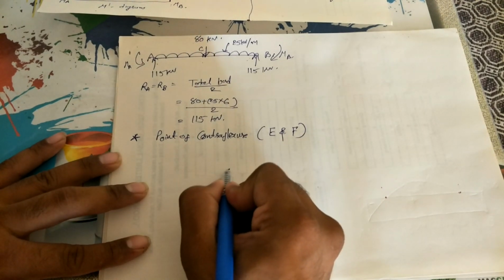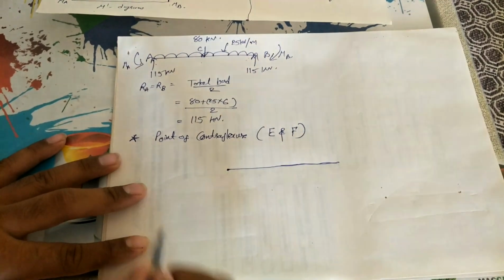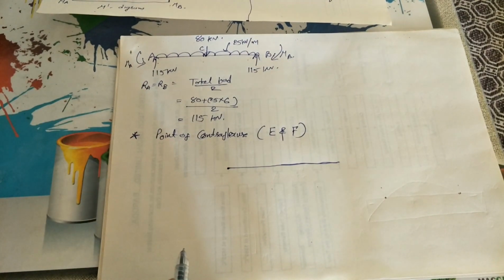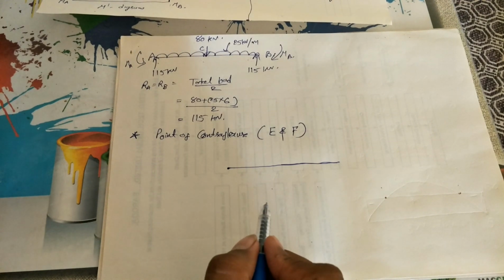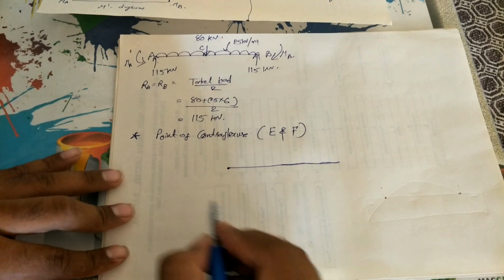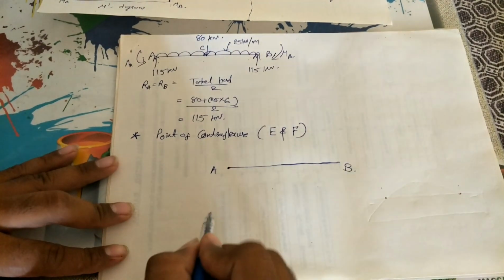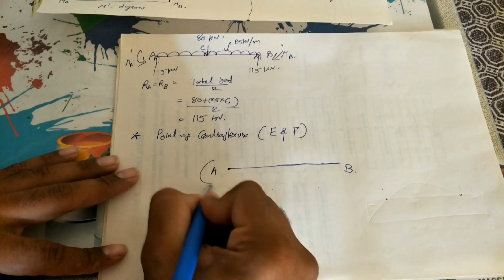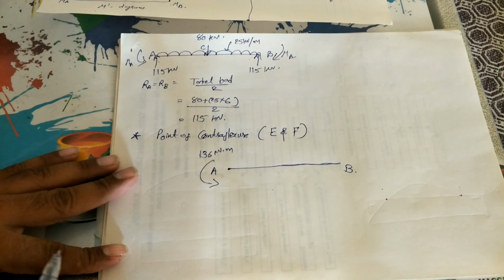Assume that the point of contraflexure occurs at distance x from A. So this is my AB beam, and I have this moment of 136 kilonewton-meter.